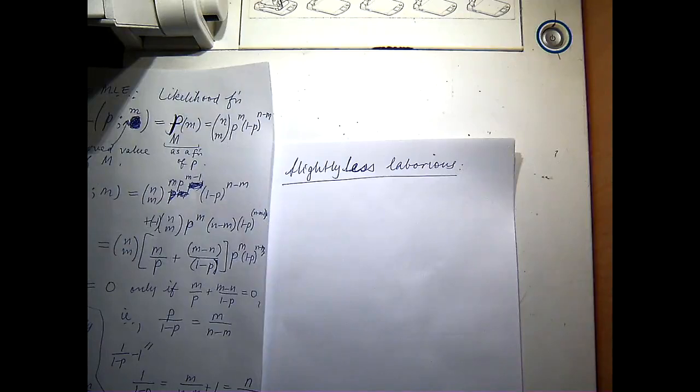You can apply the method to parameters that only take whole number values, or discrete parameters, but differentiating is not going to be the way to do it usually, because to find the maximum of a function of integers, there are other methods. Like you might set the derivative to 0 and get something that's not an integer. So you can apply the method in general, but not just by differentiating. You need to do a little bit more.